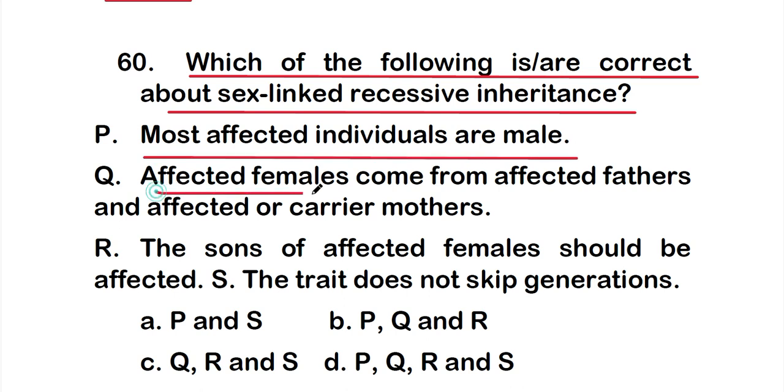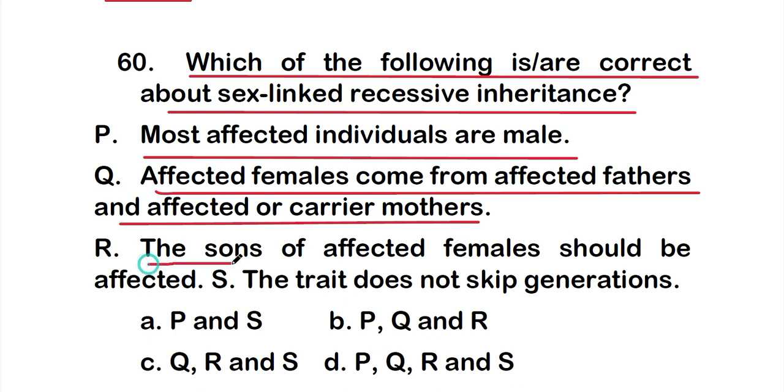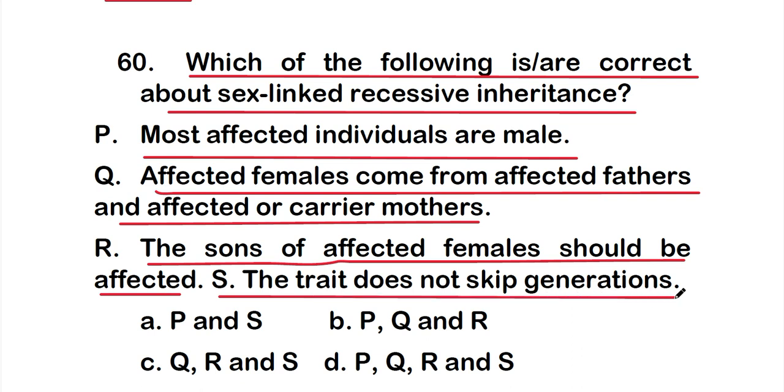Statement Q is affected females come from affected fathers and affected or carrier mothers. Statement R is the sons of affected females should be affected, and statement S is the trait does not skip generations. Which one is the correct one?